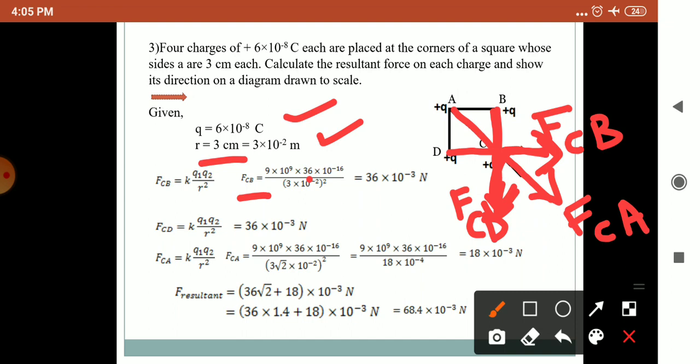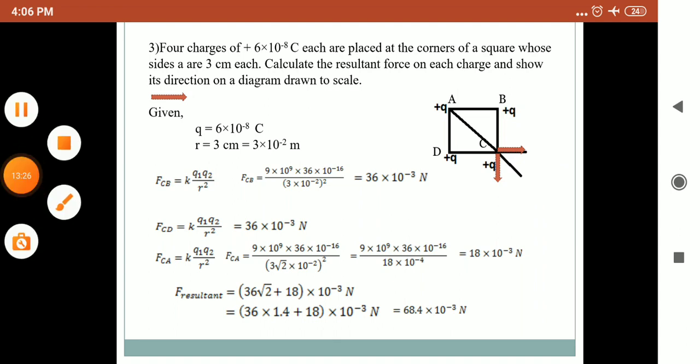Here we have Q1 into Q2, both the same charge, having value 6 into 10 raised to minus 8. So Q square becomes 36 into 10 raised to minus 16, upon 3 into 10 raised to minus 2 bracket square.